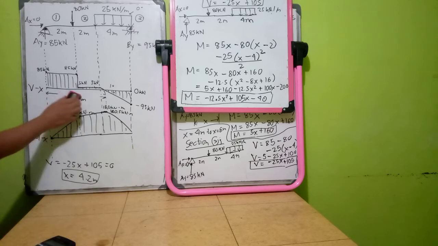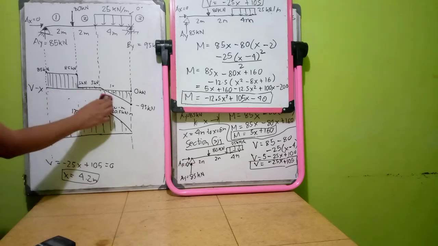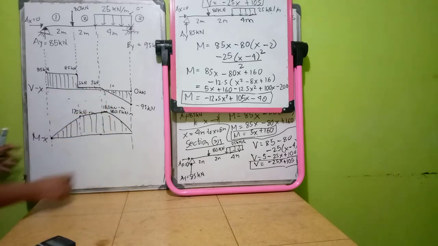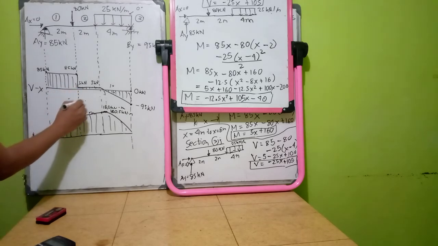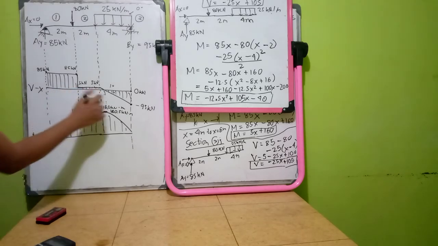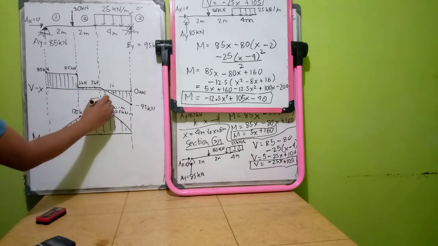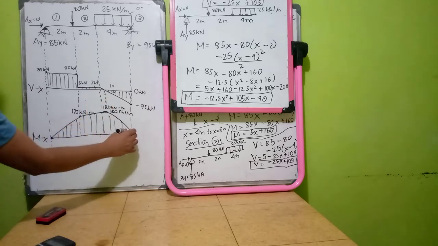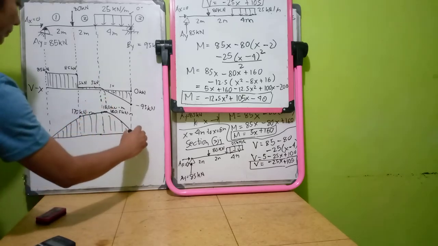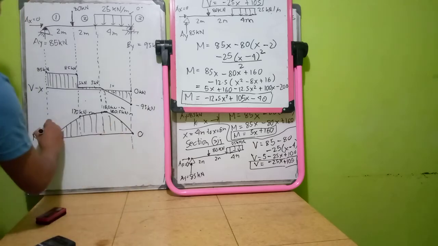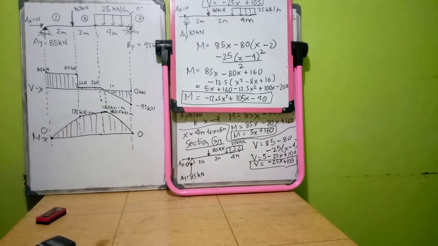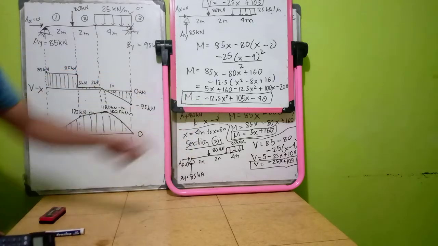This will be your actual shear and moment diagram. Do not include this one. Here you can see negative 180.5 kilonewton meter, then it will end up at 0 kilonewton meter.